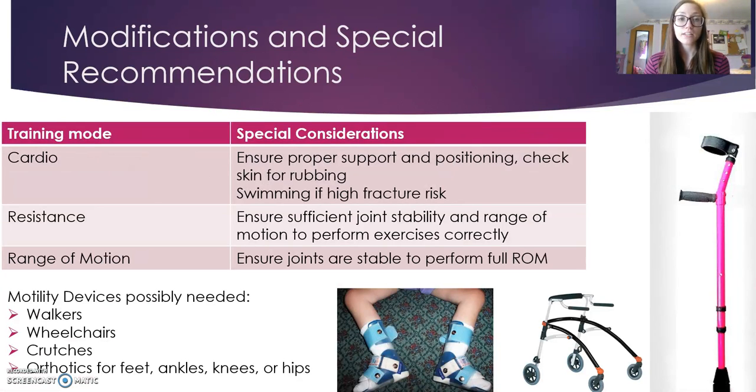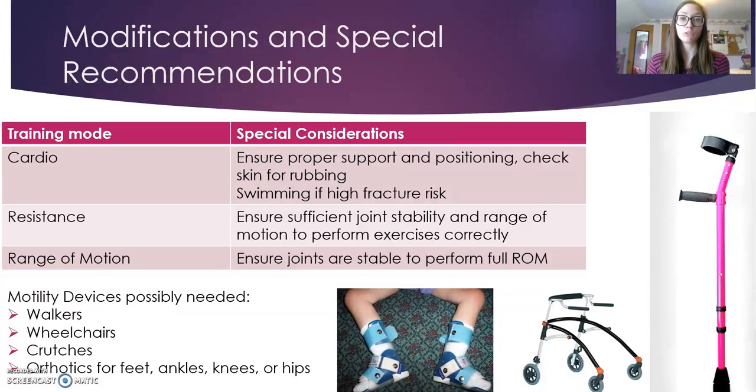There are some modifications and special recommendations for individuals with CP. Cardiorespiratory special considerations include proper support and positioning, checking the skin for any rubbing or irritation, and swimming again if there's a high risk of fractures. And then for resistance training, just ensuring sufficient joint stability and range of motion to perform the exercises correctly and avoid injury.